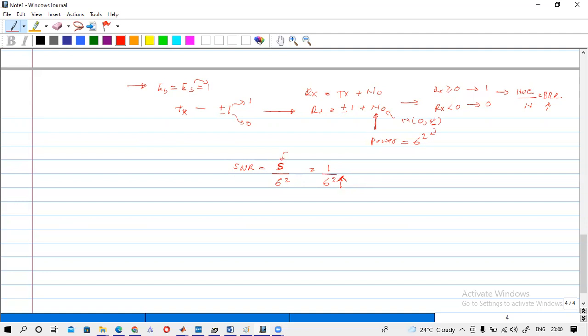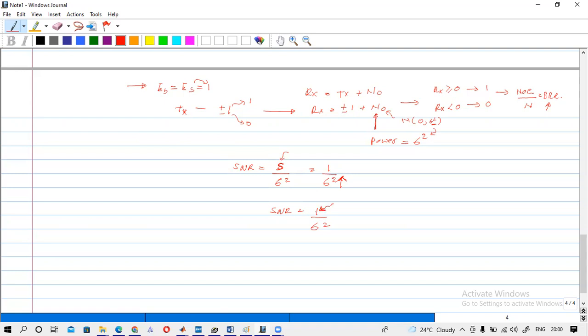If I reduce the noise power, SNR will be increased. So the SNR will be 1 by sigma square, because I set my transmitted symbol energy to 1.